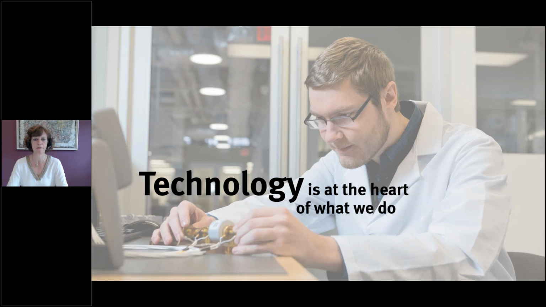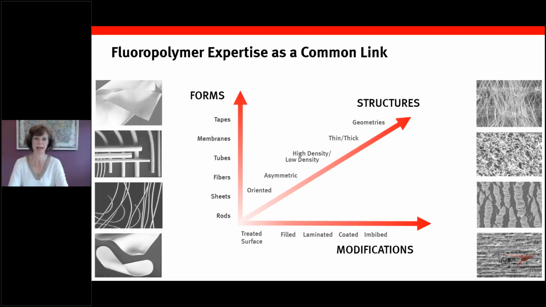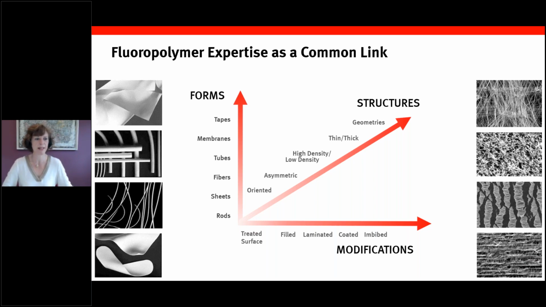Technology is at the heart of what we do. We are a technology, a materials company. And to show you what the bulk of our products are about, it is about fluoropolymer expertise. That's the common link between most of our products. On the left-hand side, you can see some pictures of products or intermediates that are then further put into final products. And on the right-hand side, you can see some SEM microstructure pictures of the membrane, for example.